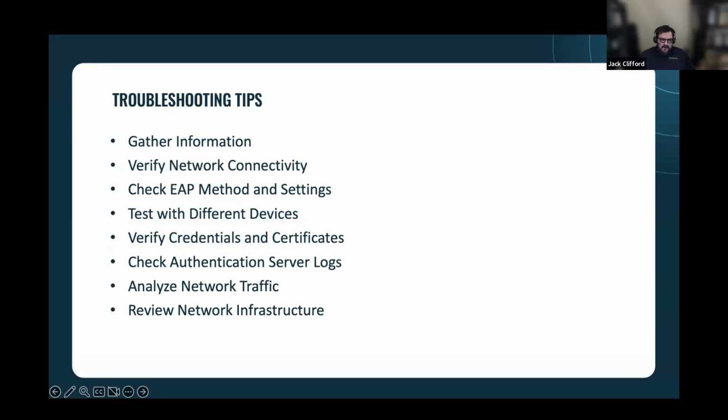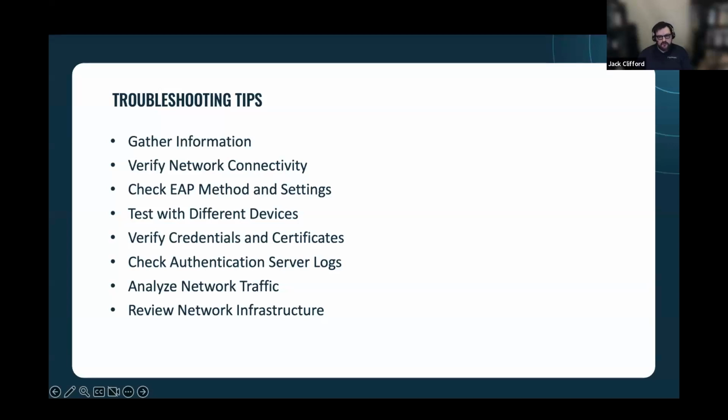Then you want to verify network connectivity. You want to verify that the client device that's actually experiencing the authentication issue has proper network connectivity. Check to verify that it can connect to other networks or other resources.